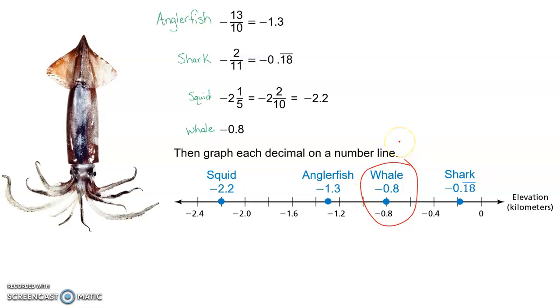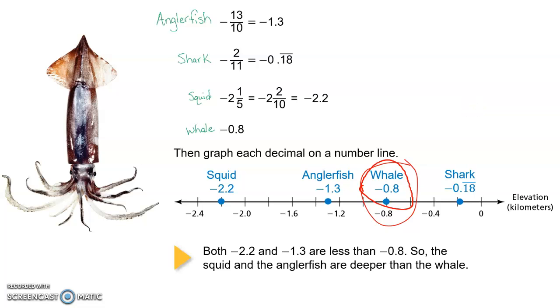So which one is deeper than the whale? There's actually two. There is the anglerfish and the squid. Both of those are deeper than the whale. They are smaller numbers. The further to the left, the bigger the negative, the smaller it is.